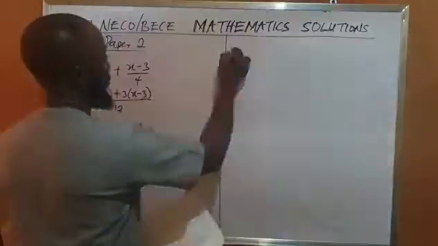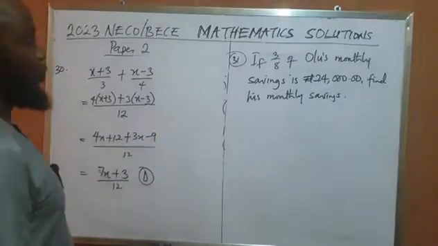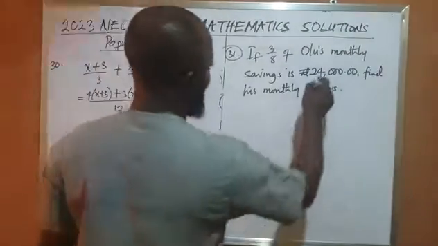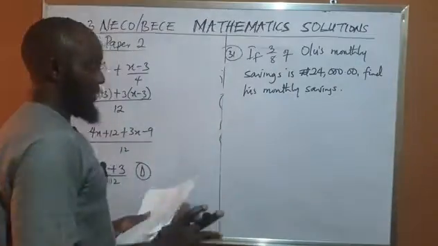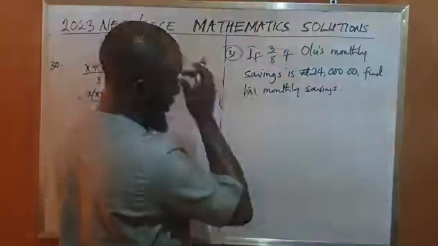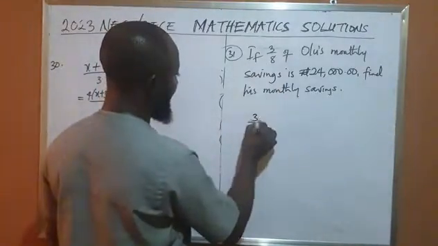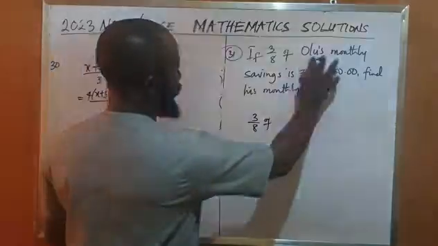Then question 31. If 3 over 8 of Olu's monthly savings is 24,000 naira, find his monthly savings. We are going to interpret it the way it is.